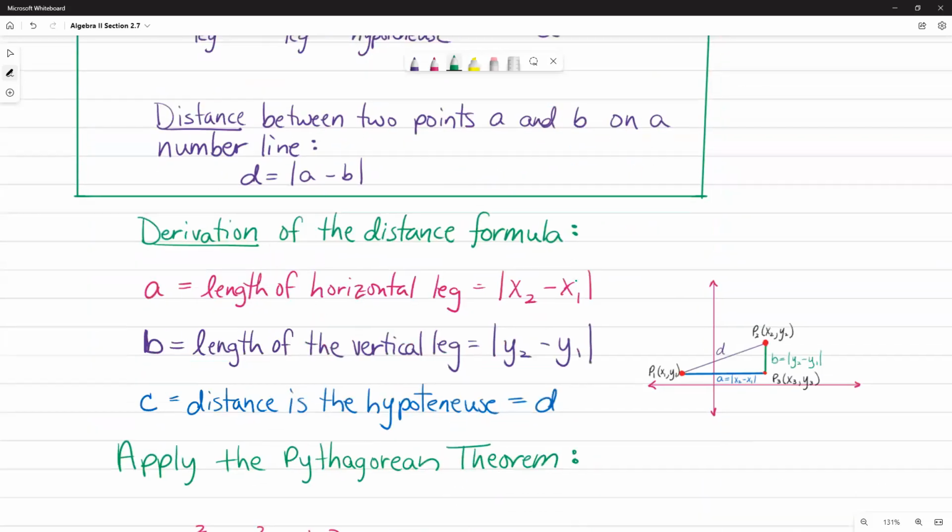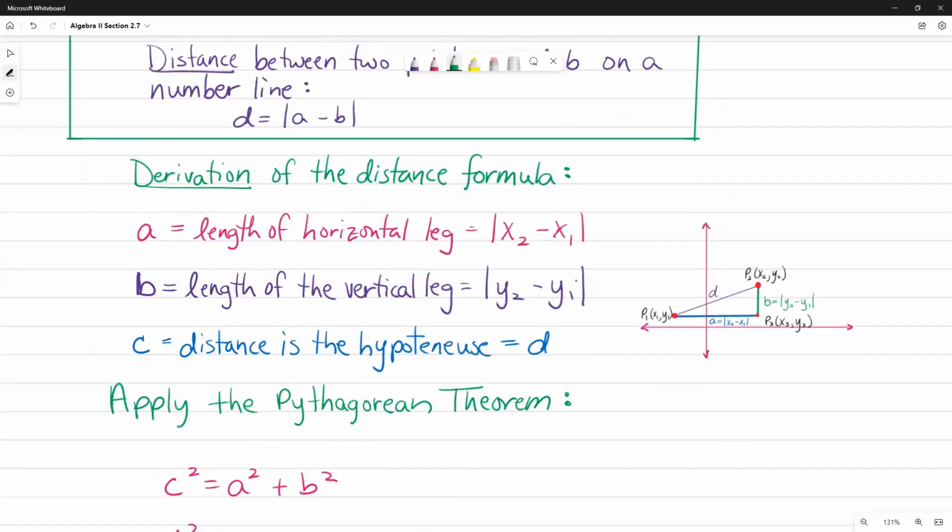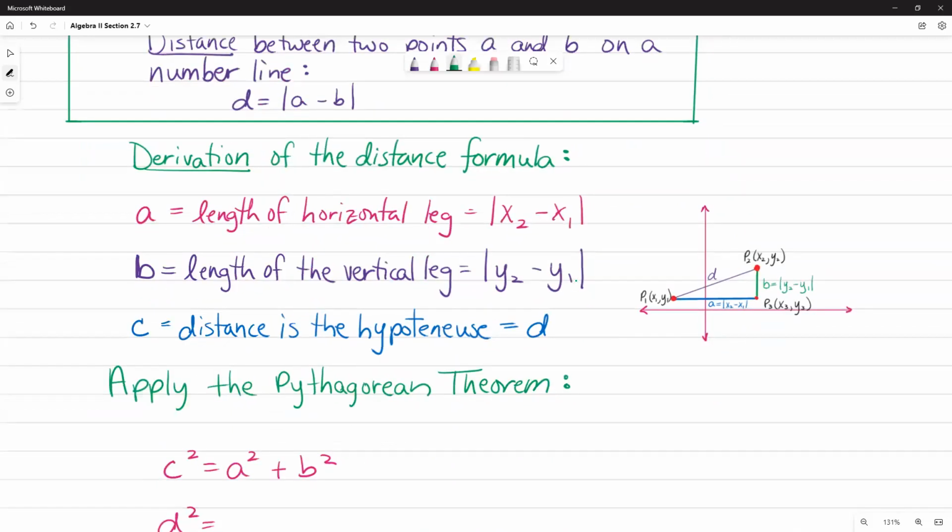I want to go through the derivation of the distance formula. Well, I kind of already have. We understand that A is the bottom horizontal line, representing the difference in X. It's moving left to right.